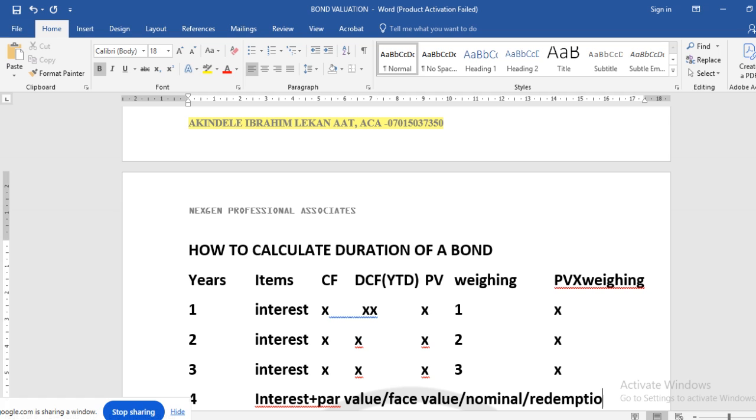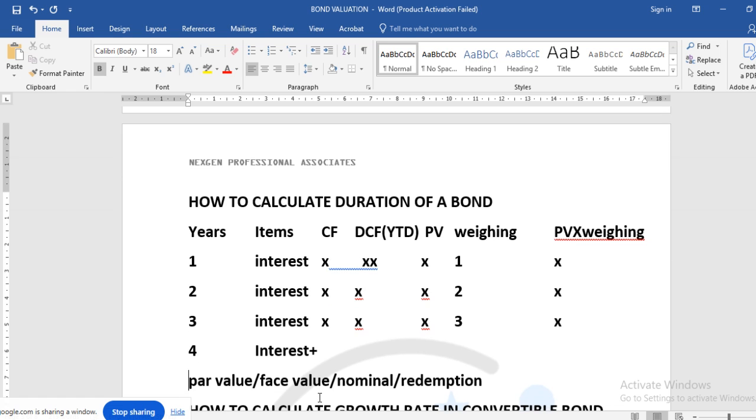Redemption. I'm giving you different names that you can see in questions, right? Now, let's say you have this, right? When you add together the DCF, the PV, the weighing will be 4. So when you multiply, you have this, class.